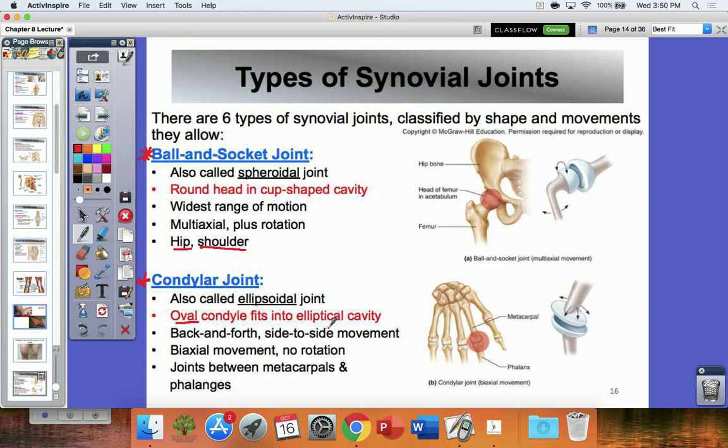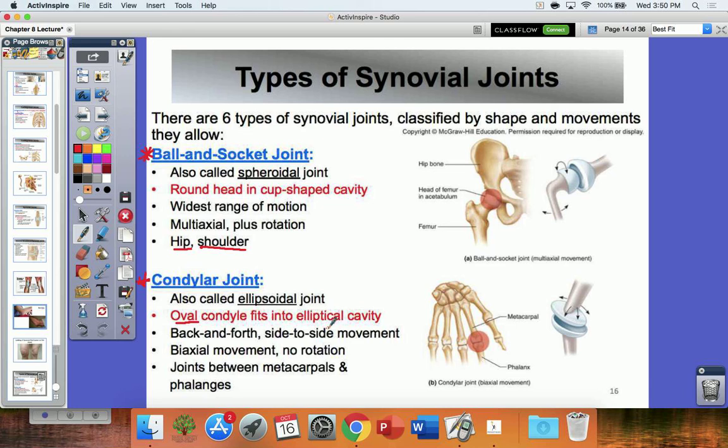And it fits in very similar to the ball and socket, but the difference between the two is the shape of the ends. So it's not a ball, but more of an oval. It's not a spherical head or a spherical end of one bone, but it's the oval shape of one bone that fits into the cavity that is more of an elliptical cavity of the other.